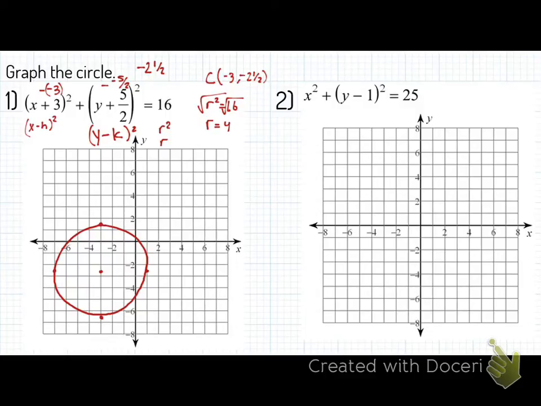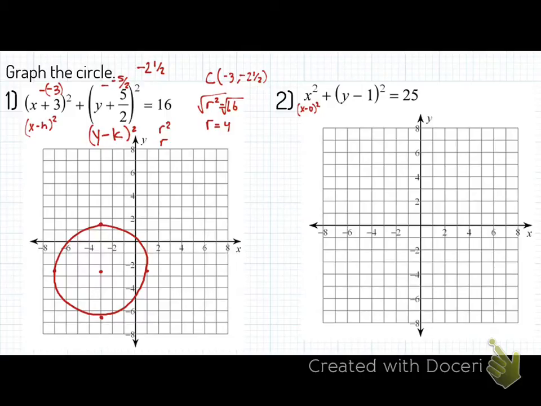Okay, let me do it again on number 2. So number 2 is a little weird because we have x squared plus y minus 1 squared is equal to 25. So this first term is kind of weird because it just says x squared, but isn't this the same thing as saying x minus 0 squared, right? If I subtract 0 from x, it doesn't really change x.